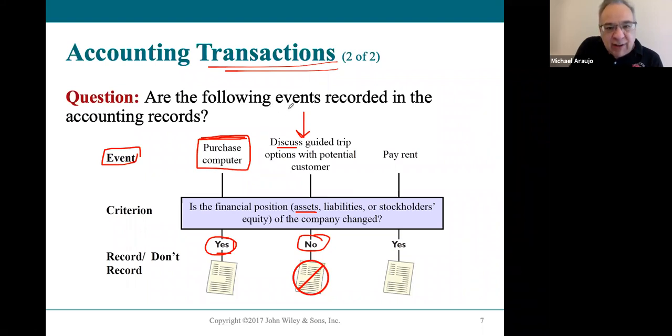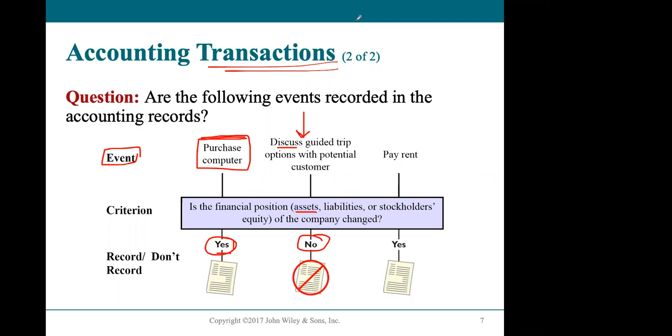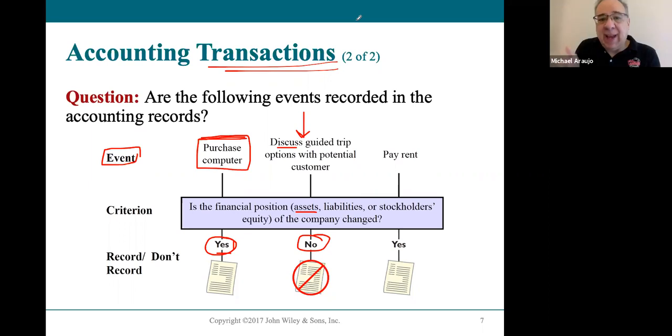You can't be wrong if you write down every transaction, because every transaction only has one correct record in accounting. When something happens, the accounting has to reflect exactly what happened.